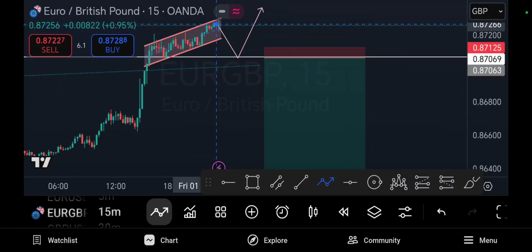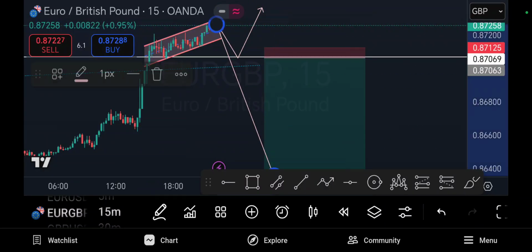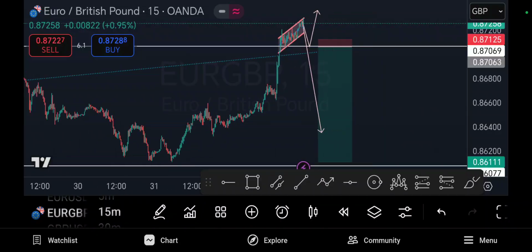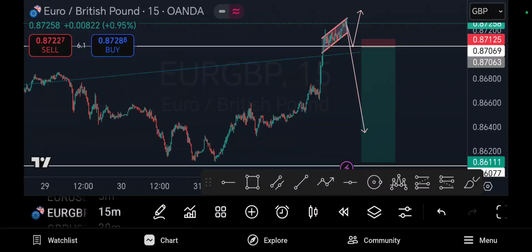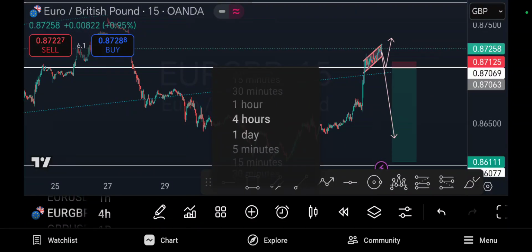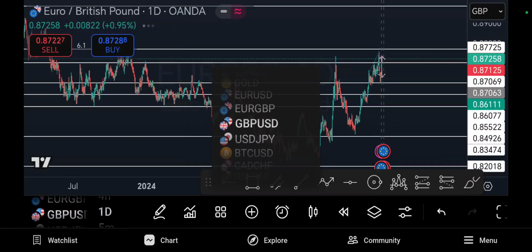But I am anticipating sales, me personally. Obviously, I'll just do a recap later on in the week so that it makes sense. Then that's Euro GBP. Nice, clean.